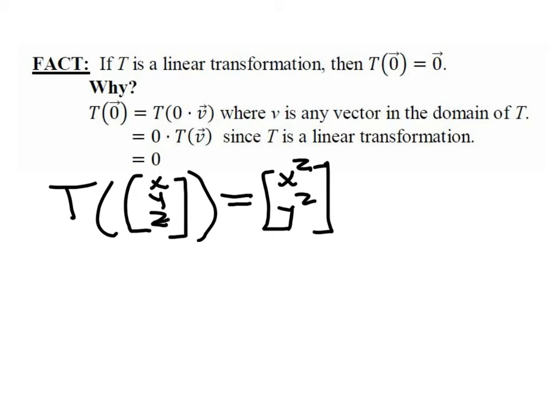So if T is not linear, then this proof is invalid. You can't use the fact that the zero vector is mapped to the zero vector to prove that T is linear. Then you're reversing the if and then statements, and that's not equivalent to what this fact says.